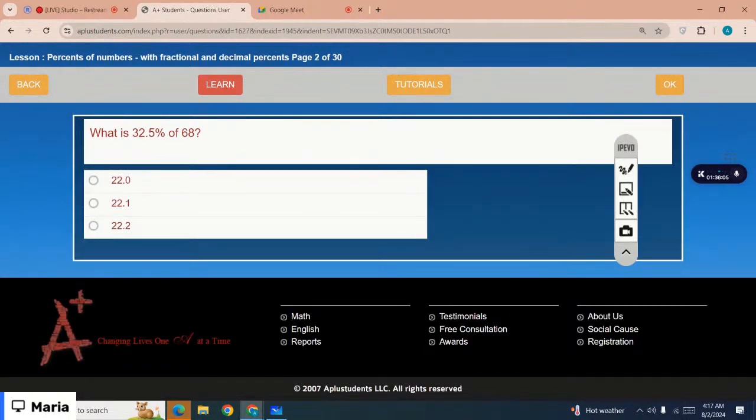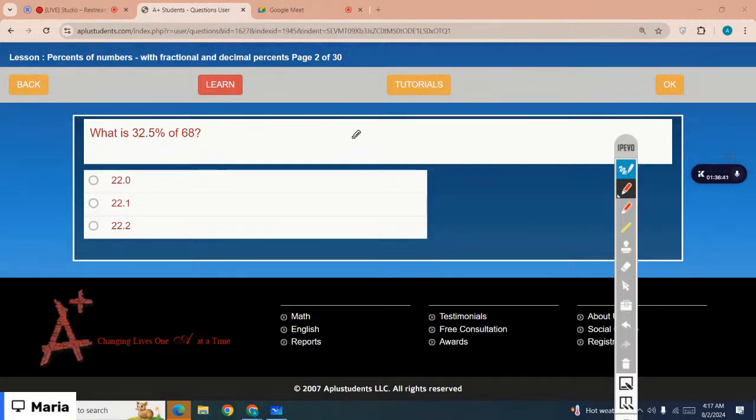Okay, what is 32.5% of 68? You have to find n divided by 68 equals 32.5 over 100.